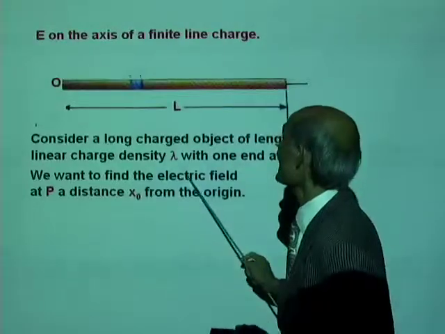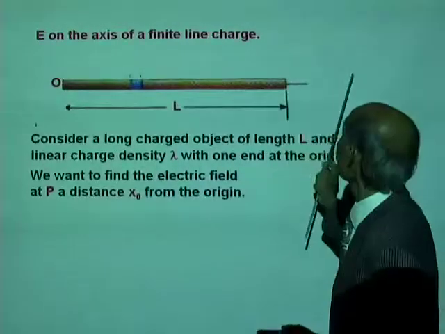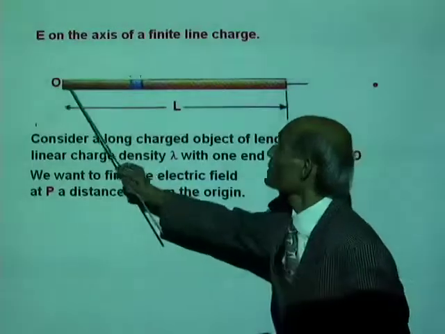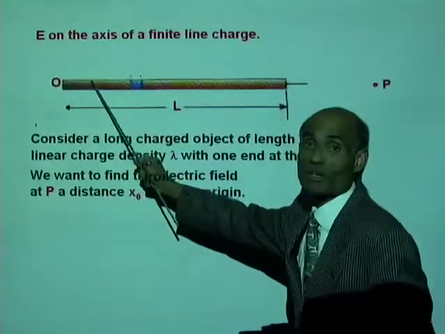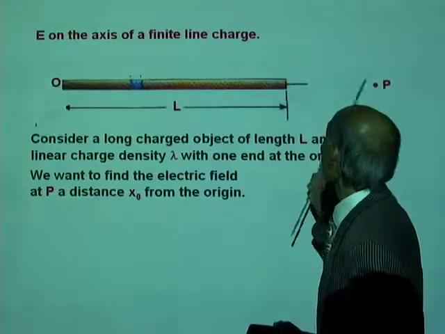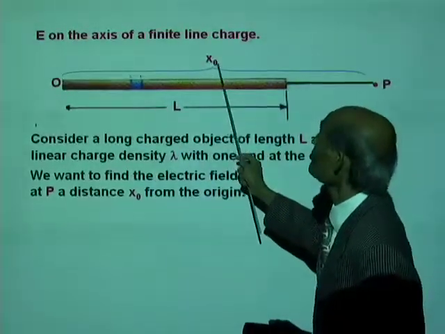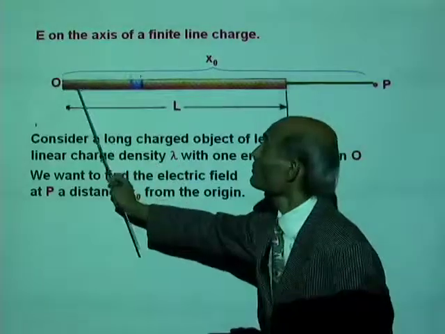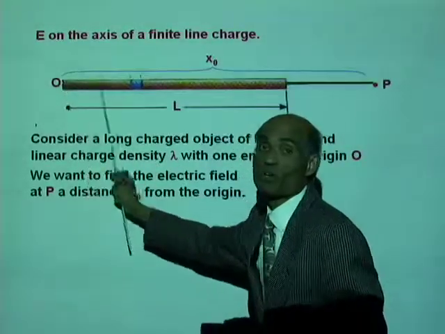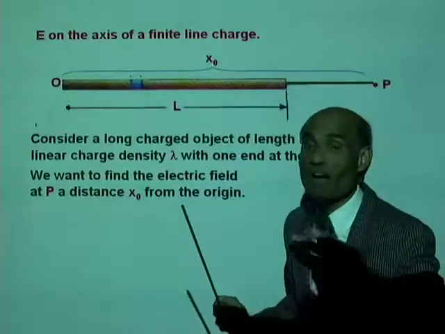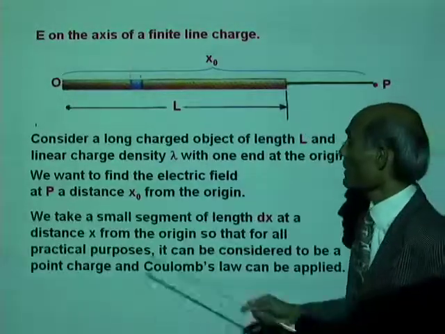We want to find the electric field at P here, a distance x0 from the origin. So the distance of point P from the origin is x0. Alright, so what does x0 stand for? The distance of the point P where we want to find the electric field.